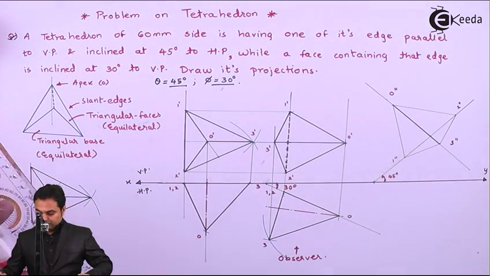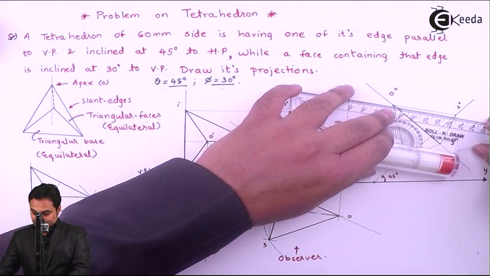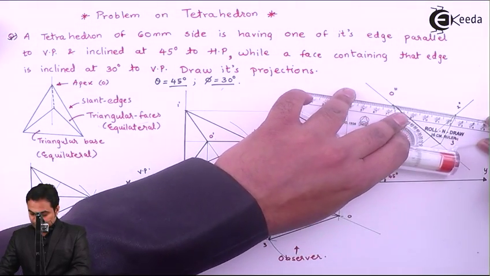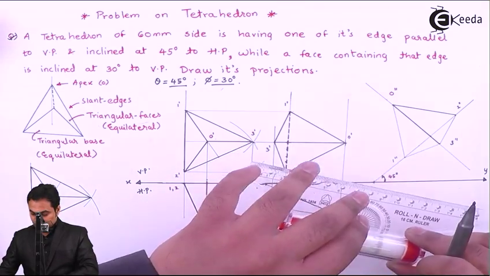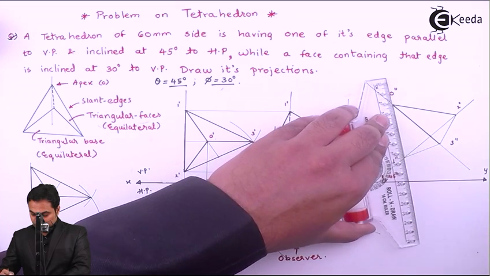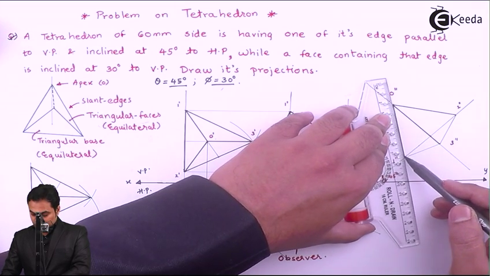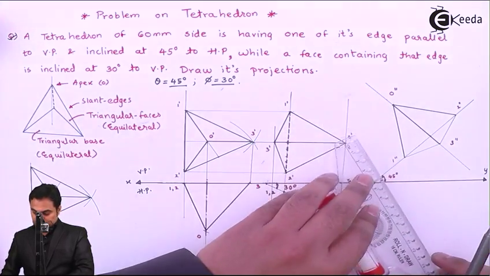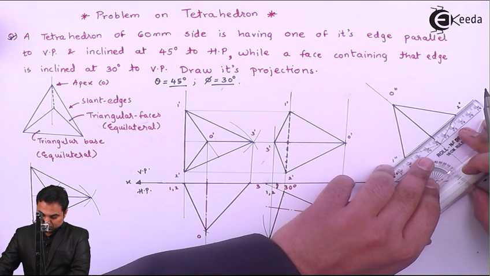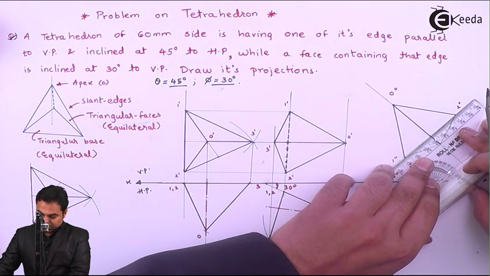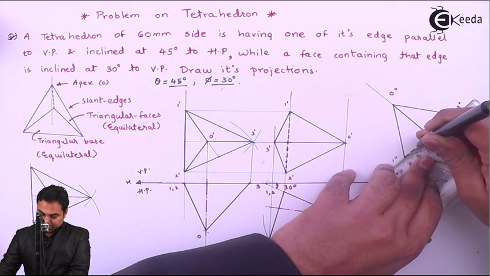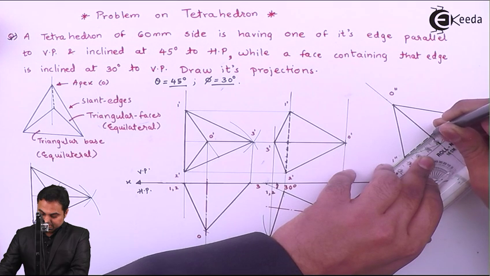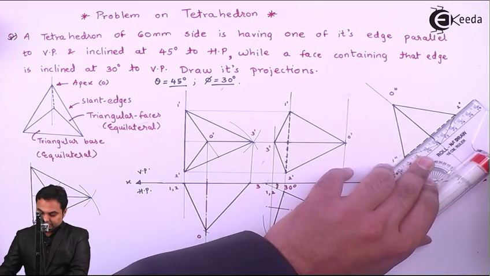Then the outer edges, 1 double dash 2 double dash will be a hidden line because that edge was hidden in the second condition, and the same edge we had taken and made inclined at 30°.